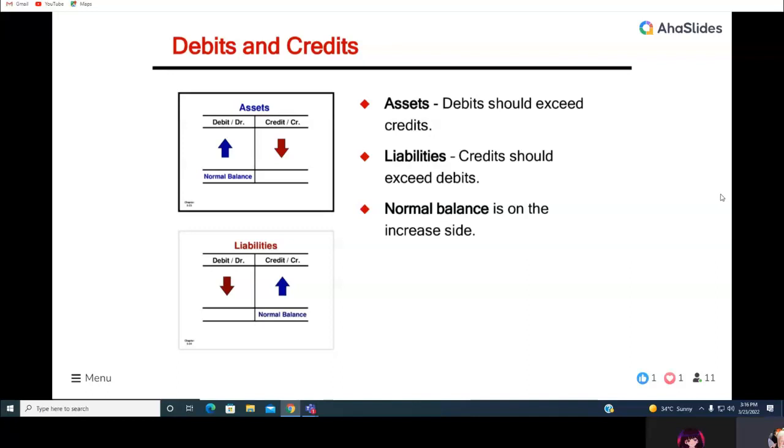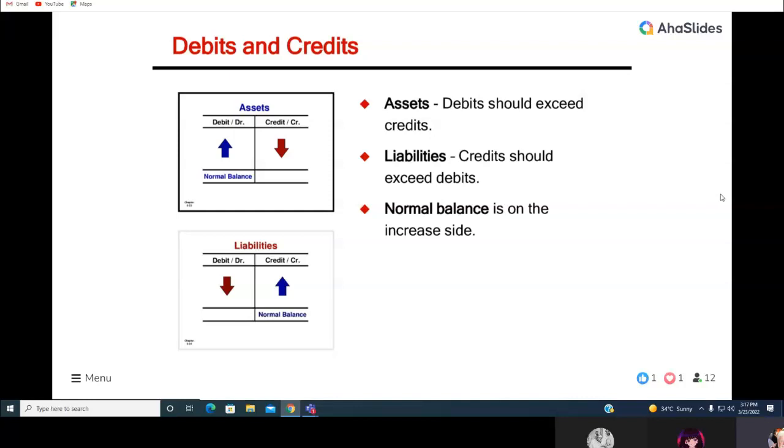So the rule is, and it's just a rule, if the account that I am going to record in is an asset account, that is, it's cash, accounts receivable, supplies, or equipment, or prepaid insurance, just like the transactions we did, I will record that on the debit side, the left side. That's the only rule.